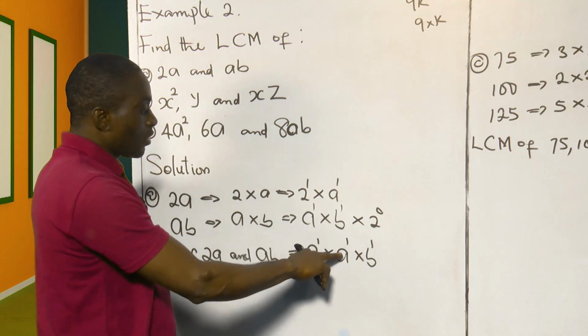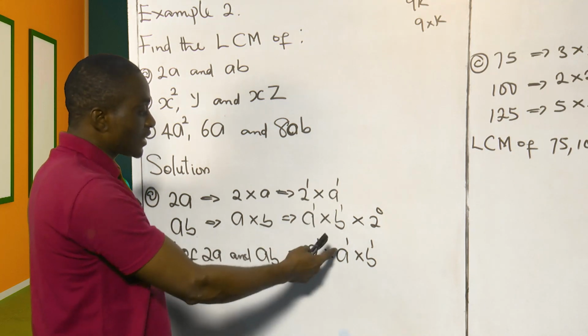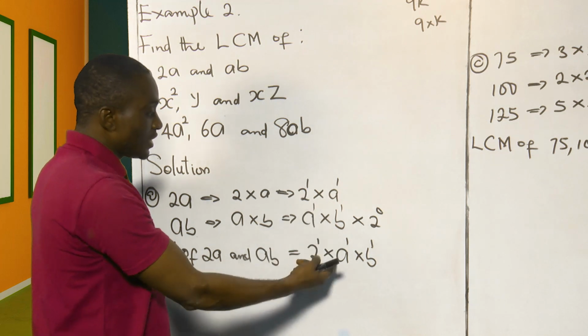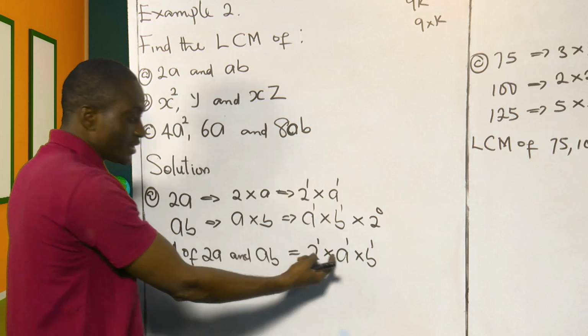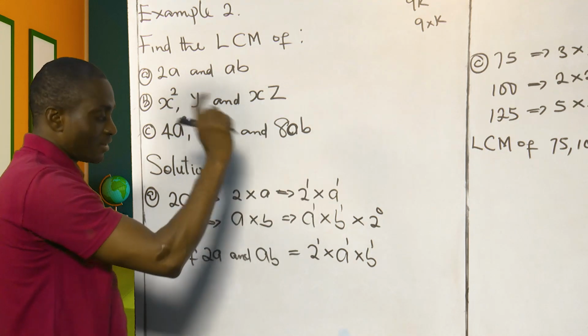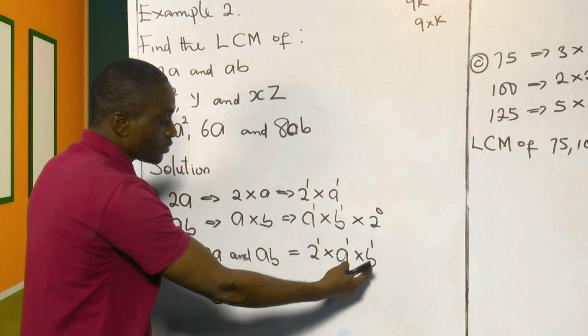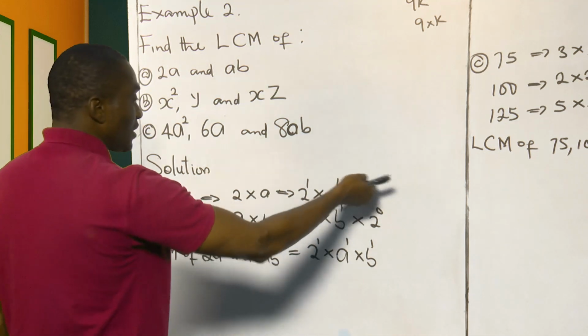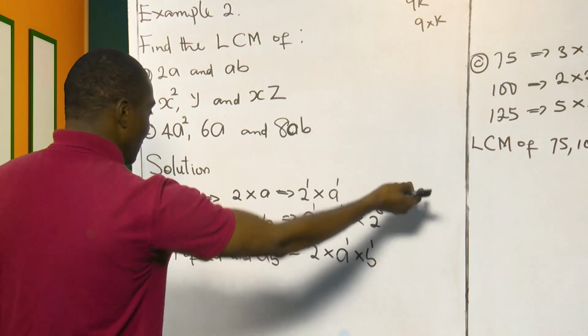Now we have A raised to power 1 here, and we have A raised to power 1 here. A raised to power 1 is the value we are writing down, as it is the highest. So that will be A raised to power 1, and B raised to power 1 is what we are writing there because we don't have any base of B on this line.